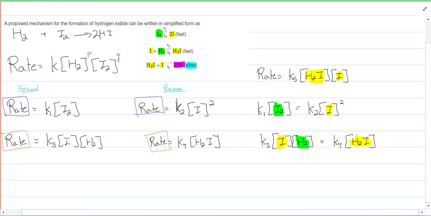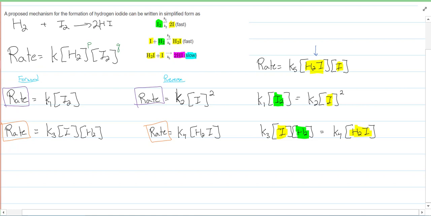So the first one I'm going to do is solve for H2I. I'm going to use the orange here and come up with something for H2I. Just doing algebra, I can divide both sides by K4.